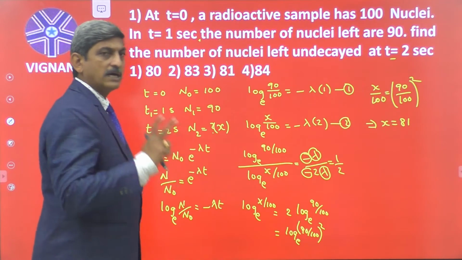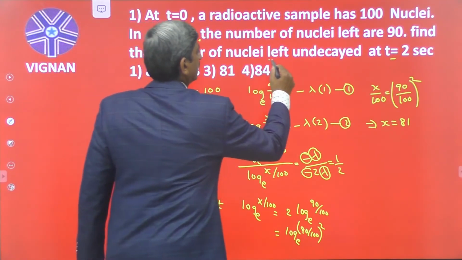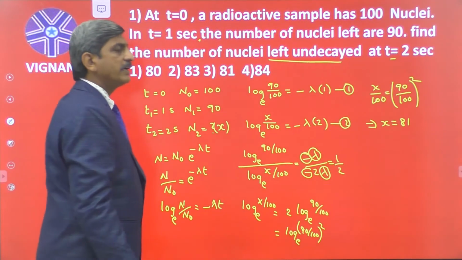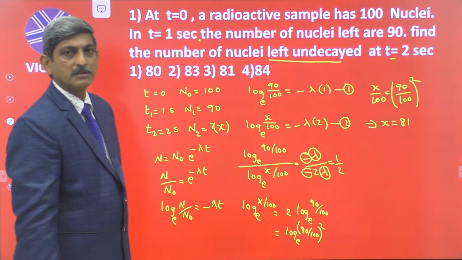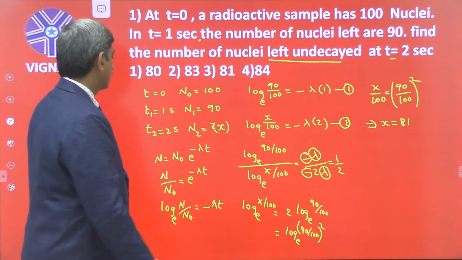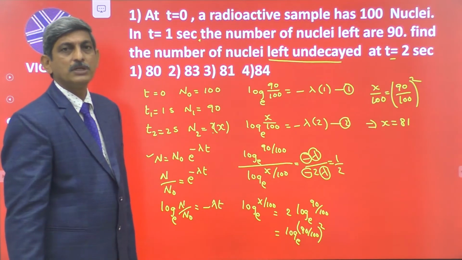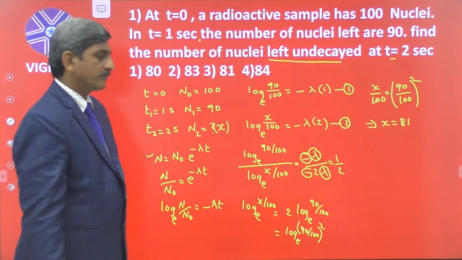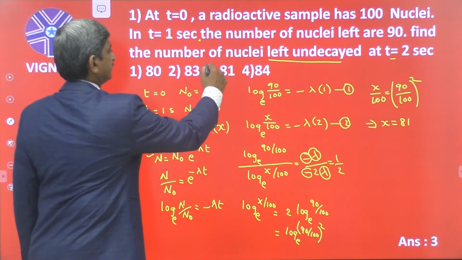That means after 2 seconds, the number of nuclei left undecayed is given by x is equal to 81. Here the basic formula we used is n is equal to n naught into e power minus lambda t, right? So the answer is 3.